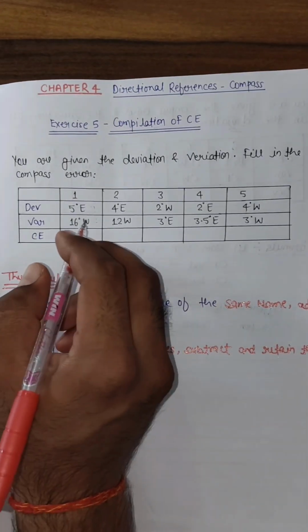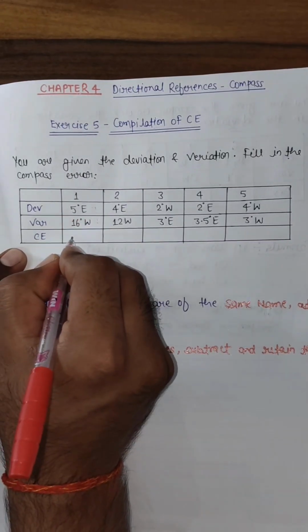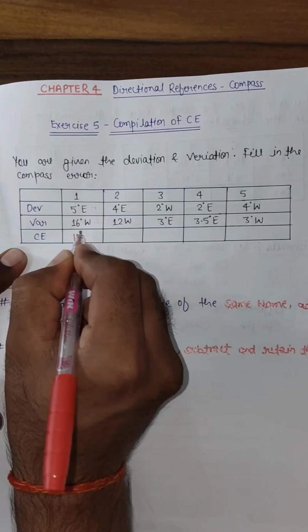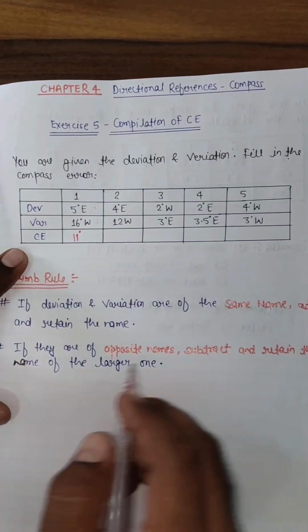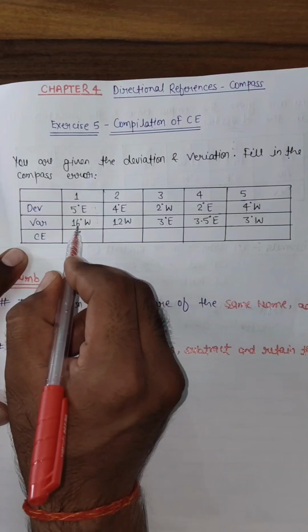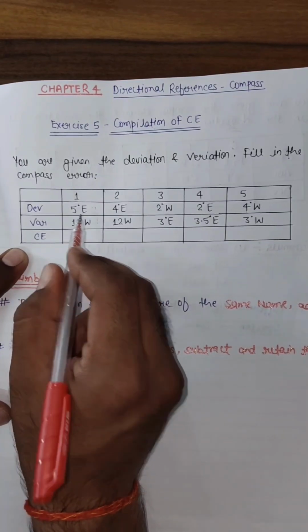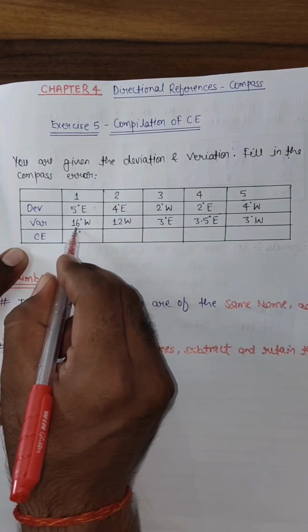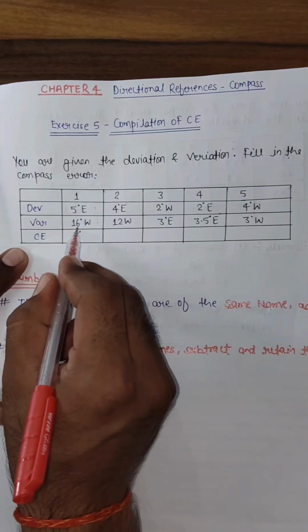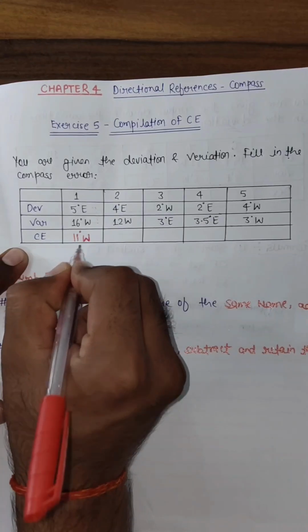We will subtract it: 16 degree minus 5 degrees, that is 11 degree, and retain the name of the larger one. So what would be the direction of the compass error? The value of variation is greater than the value of deviation. This is the larger one as compared to deviation. So we will take the direction of variation, that is 11 degree west.